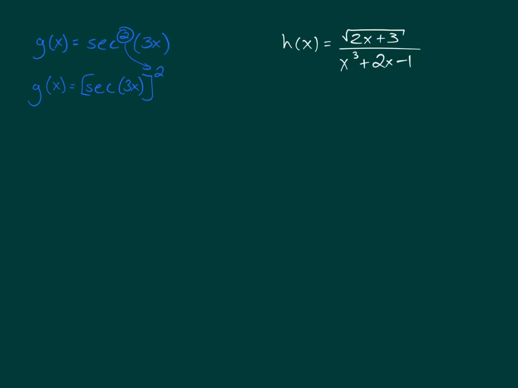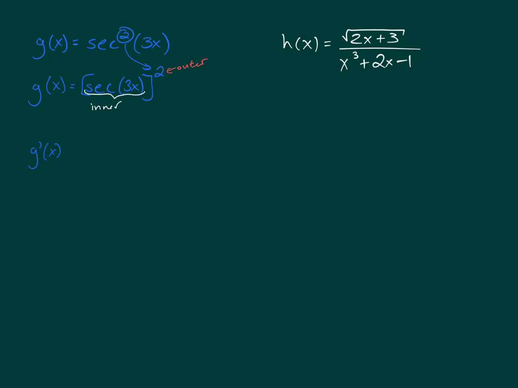That being said, I can now see that there's an inner function and there is an outer function. What that means is that a chain rule needs to be worked out here. With this chain rule, we need to take the derivative of the outer function. So here I'm going to set up g prime of x.